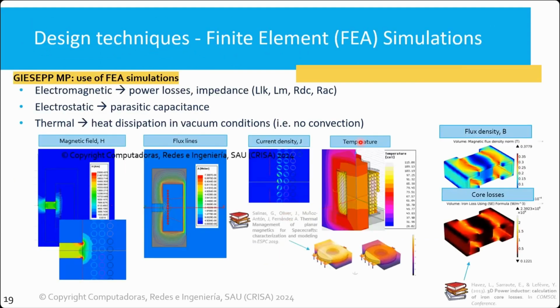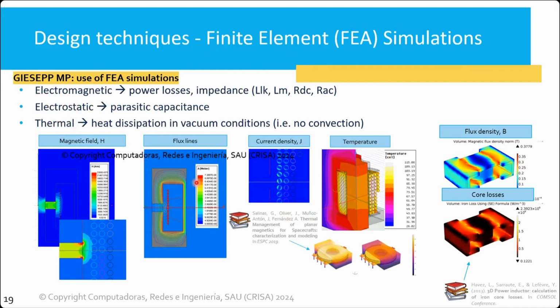And finally, I just wanted to mention that another tool when you are designing a magnetic component is the use of finite element analysis simulations. Here in GIESEPP MP, we use them all. We use these simulations for all the different physics that we can find in these magnetic components: electromagnetic, electrostatic, and thermal.